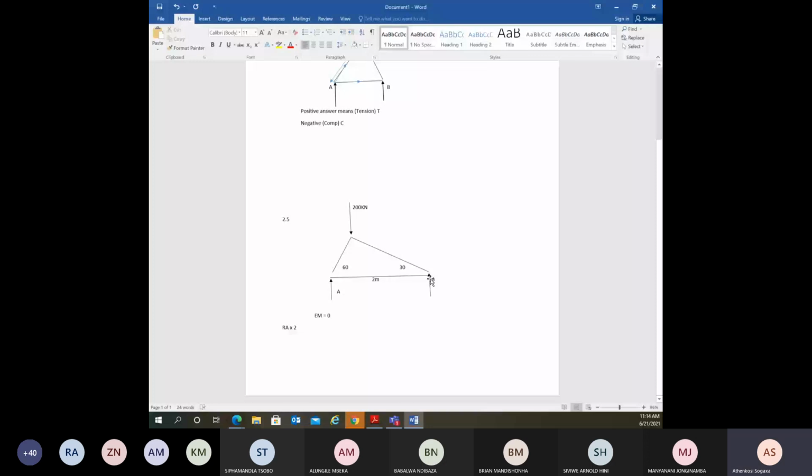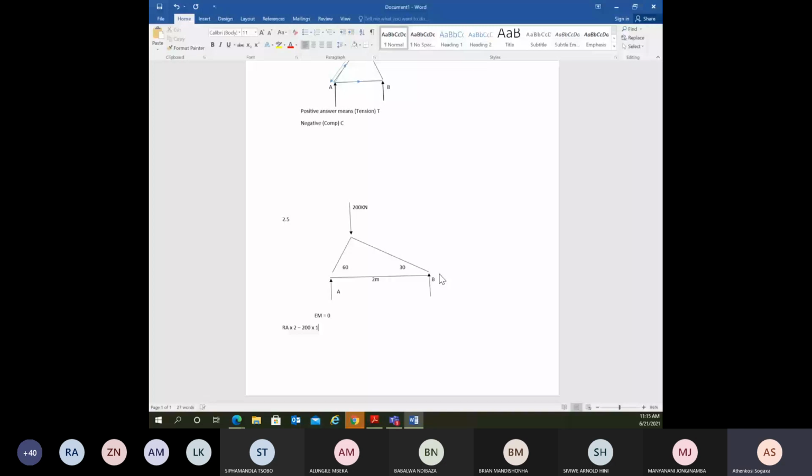Therefore, RA is positive. You have 200 kilonewtons pushing downwards, which means it will turn in an anti-clockwise direction. Therefore, you have negative 200 multiplied by the distance from the load to B, which is 1.5 meters, equal to 0.